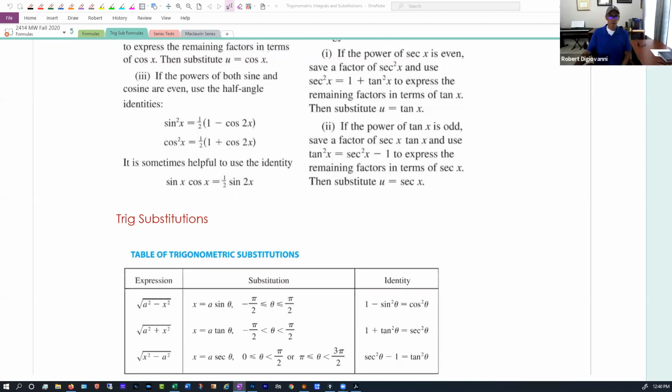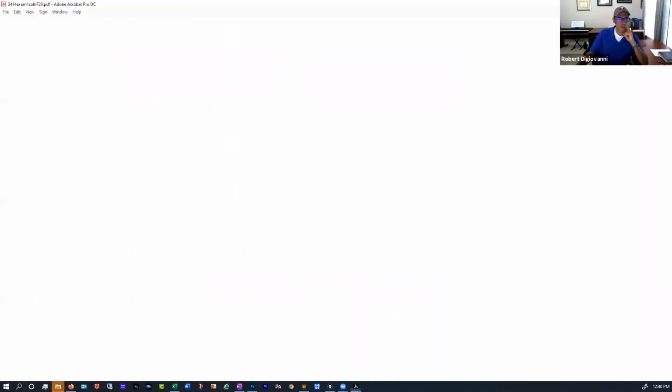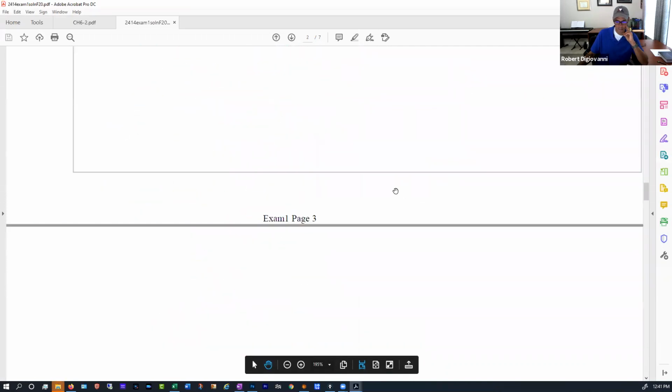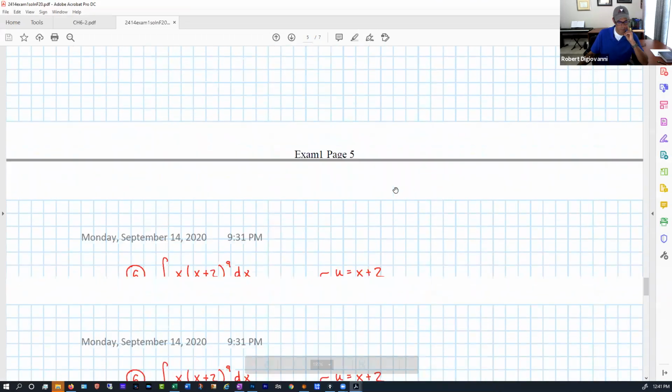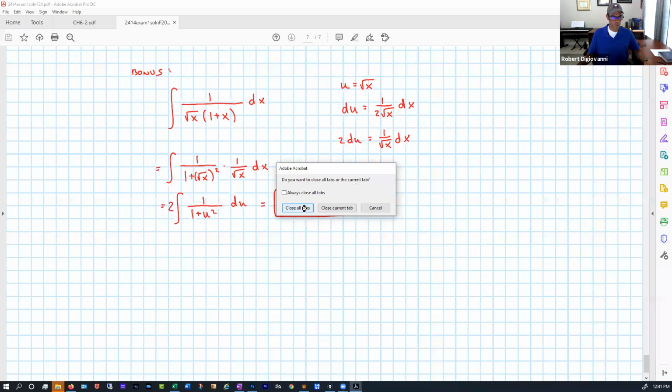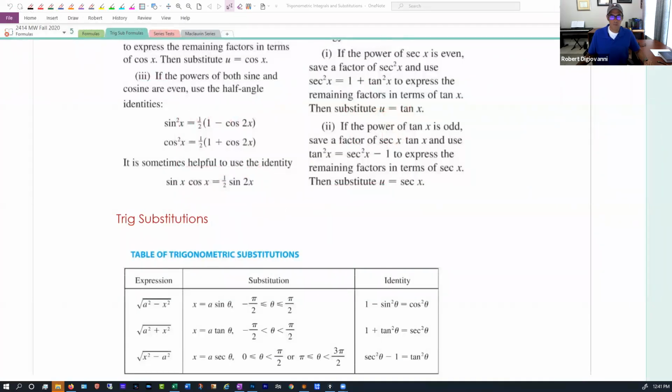I'm going to download that and open it, because I accidentally sent one the other day that was only the first page. Oh, that looks like the whole thing. Okay. Did y'all get it? Yeah. I'll still send it in Canvas just in case.